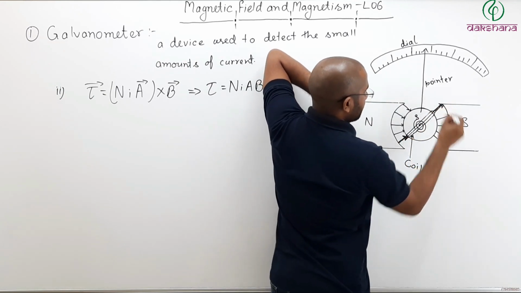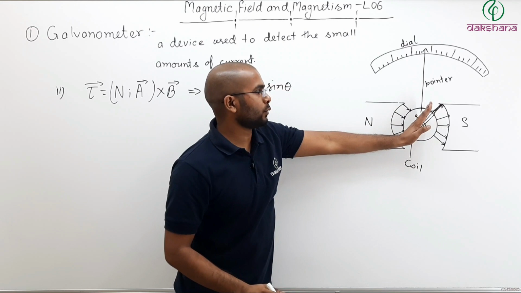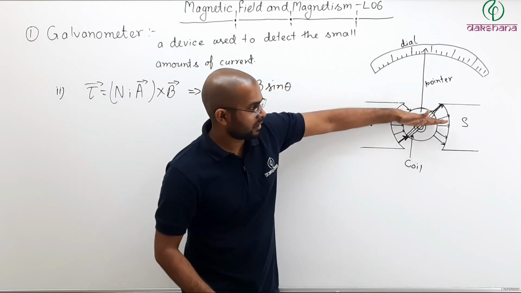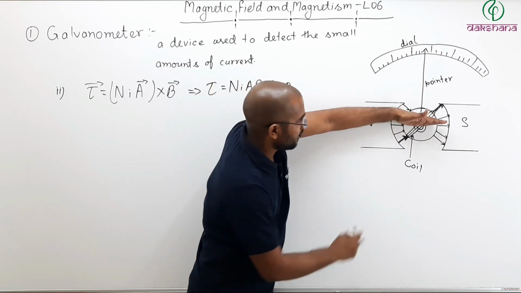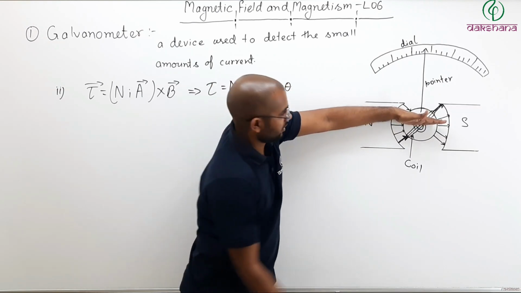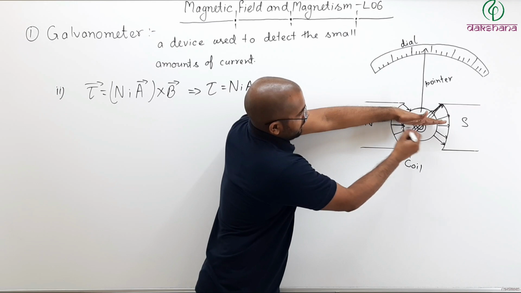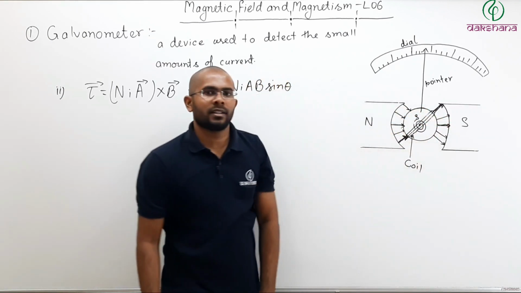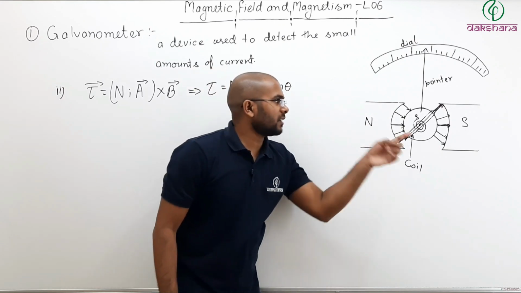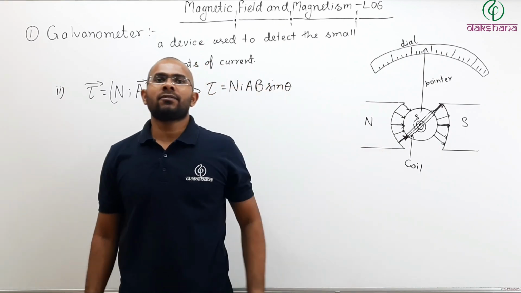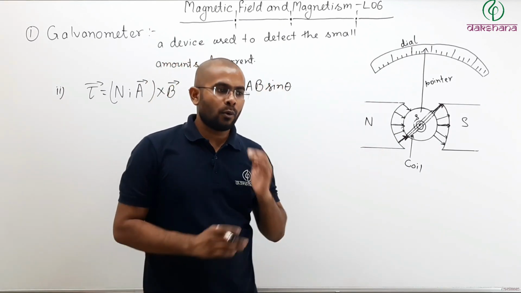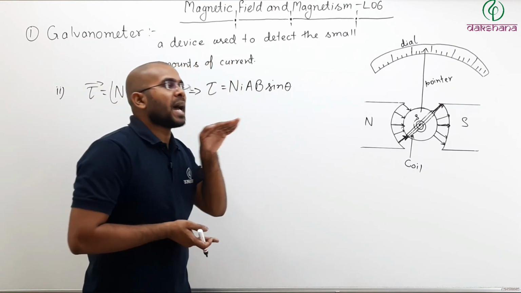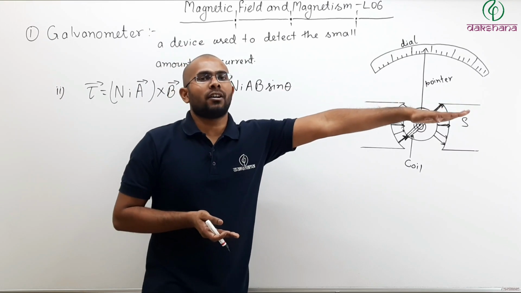And after you rotate it a little bit, let us say I rotated it like this, now when the coil becomes like this, only this line will apply torque, others will not. So the benefit of using a radial field is that only the field which is parallel to the plane of the coil will apply torque.